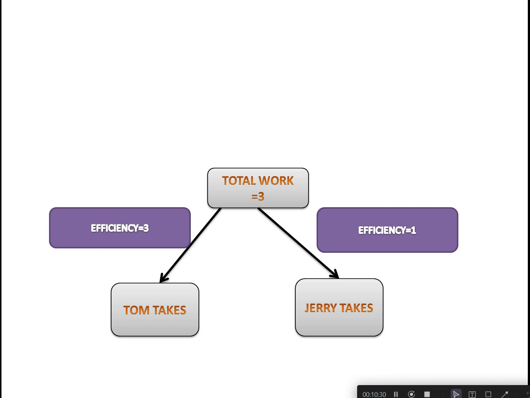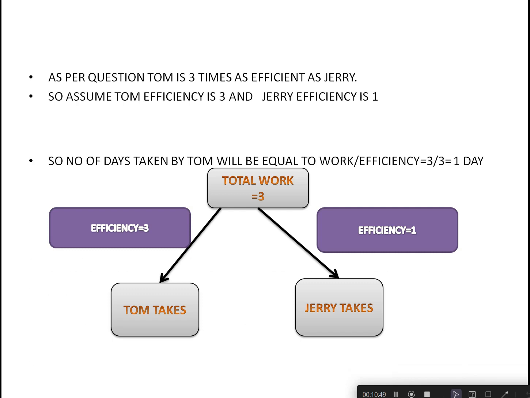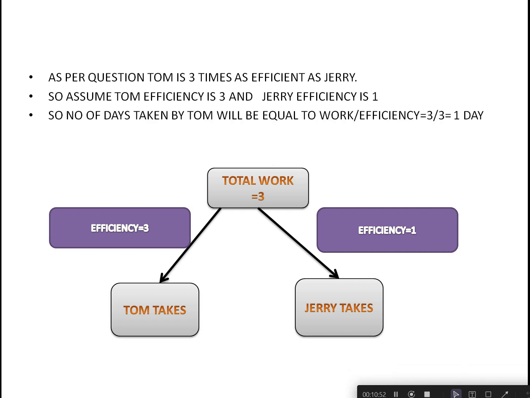And we don't know how much time Tom will take and how much time Jerry will take. All we know is that they have a difference of 60 days. Jerry takes 60 days more than Tom. So if the total unit of work is 3 and the efficiency of Tom is 3, how many days will he take to finish that work?